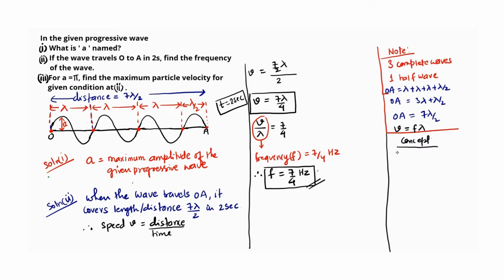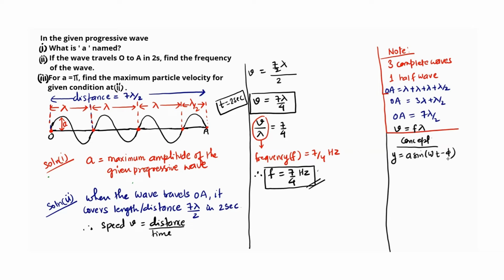To find particle velocity, we use this concept. Let's say we have y equals a sine (omega t minus phi).